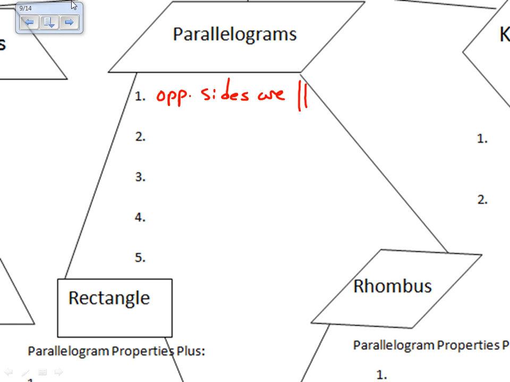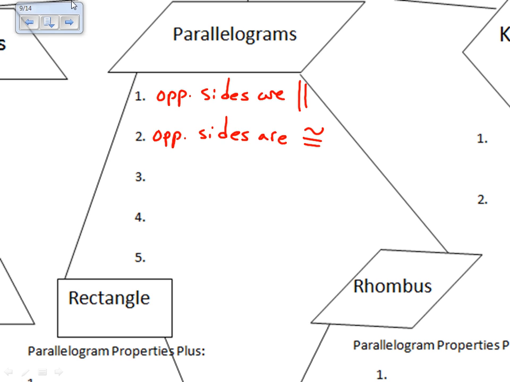Number 2, do we have a property? What is it? Opposite sides are congruent. Remember, that's my symbol for congruent. Opposite sides are congruent. Once again, if you want to write it out, be sure to do it, okay? Number 3, property 3. I need somebody else to talk. You've been doing great.